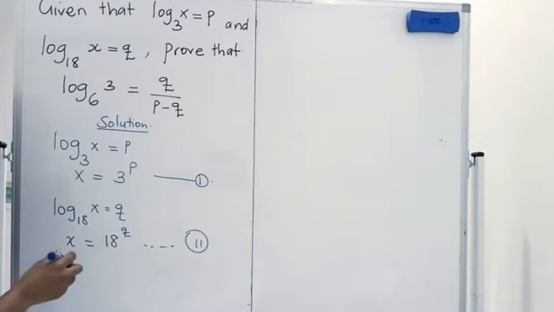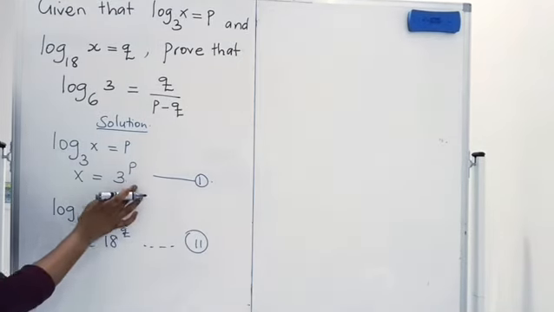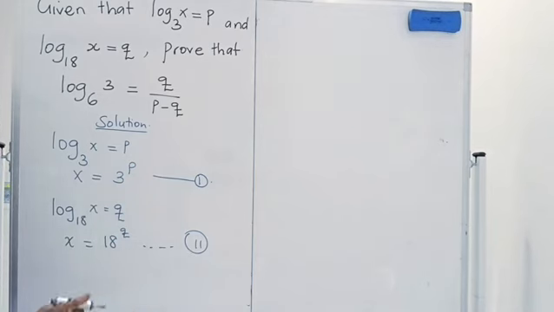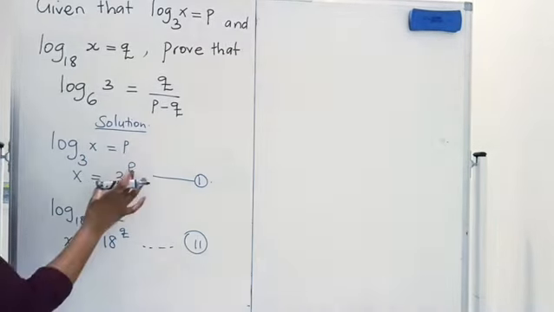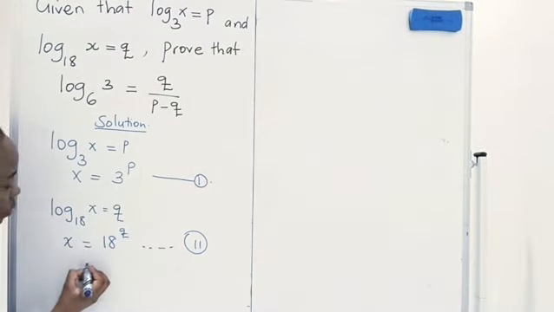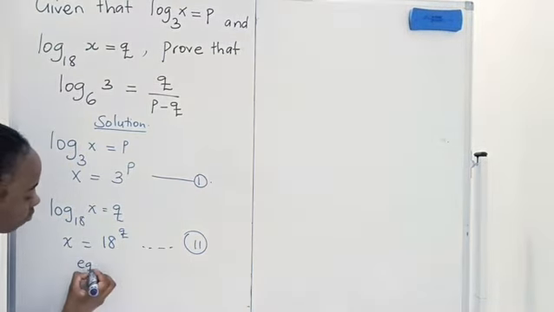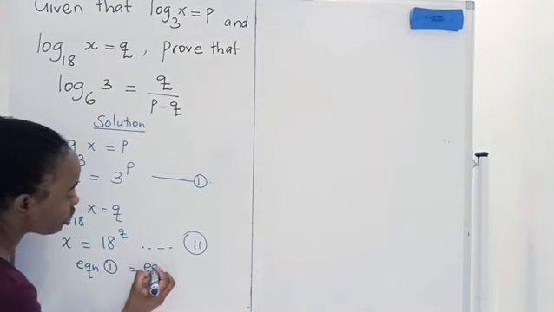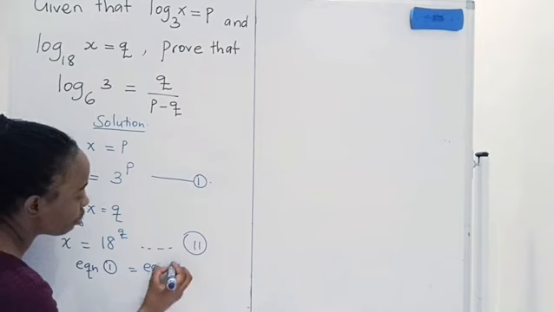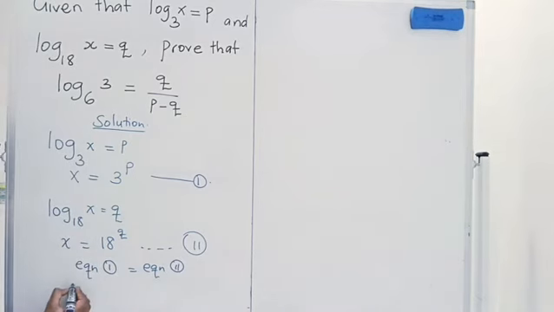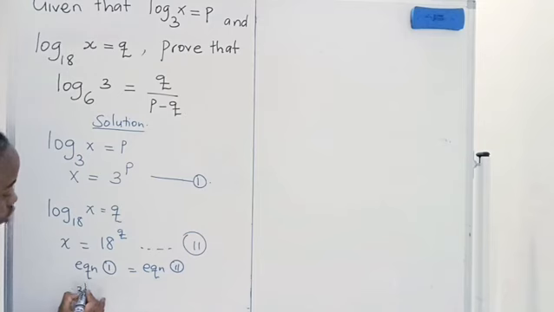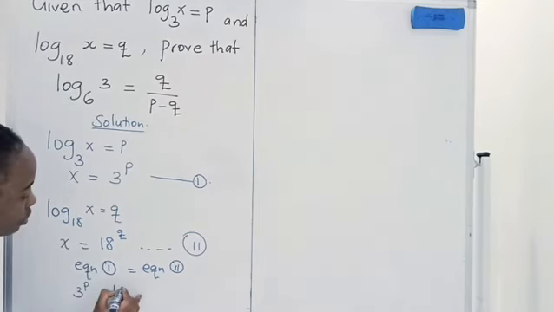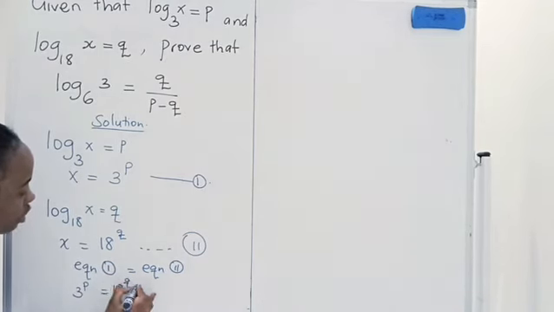Now we have two equations, that is equation 1 and equation 2, where x is the subject. So I'm going to equate equation 1 to equation 2, and I will write 3 to power p is equal to 18 to power q.